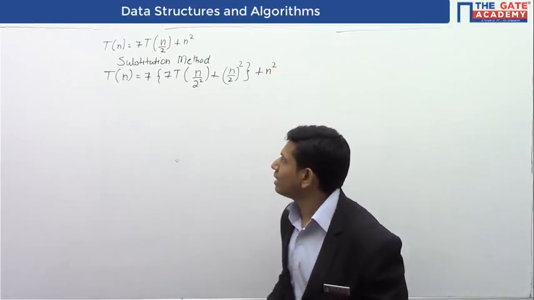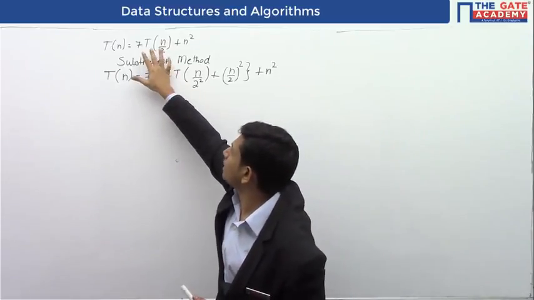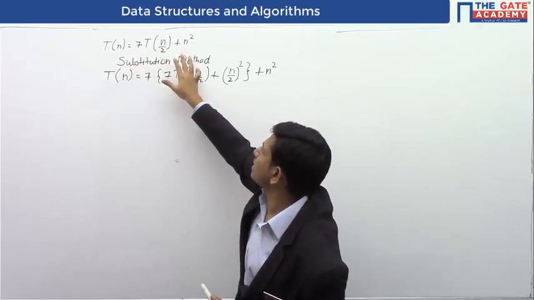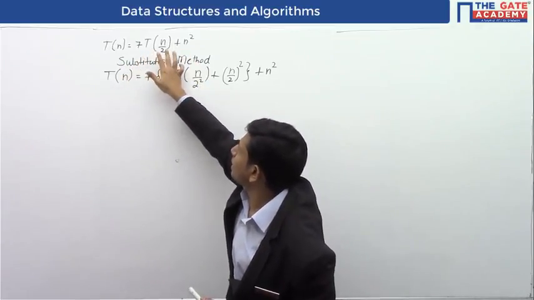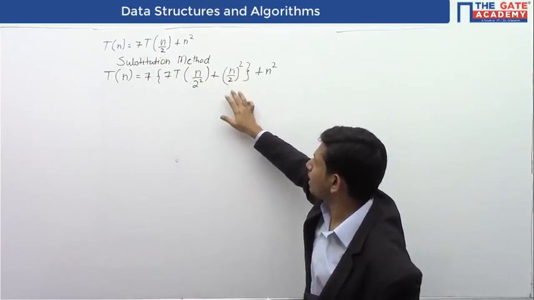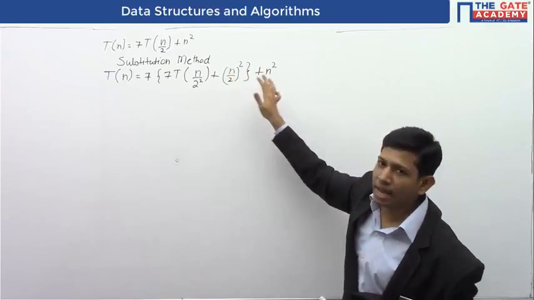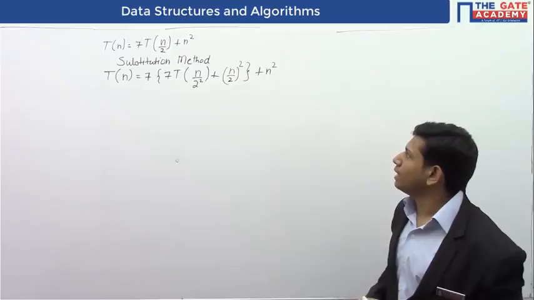So what have we done here? We have not done anything. We have just substituted the value of T(n/2) using this relation. So this 7 is as it is, T(n/2) is 7T(n/2 square) + (n/2) whole square, plus n square again as it is.